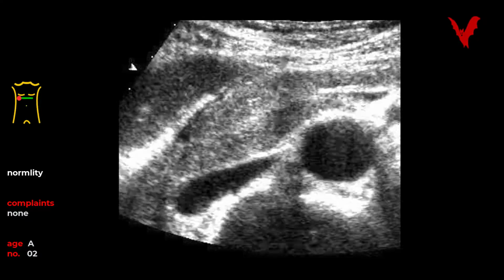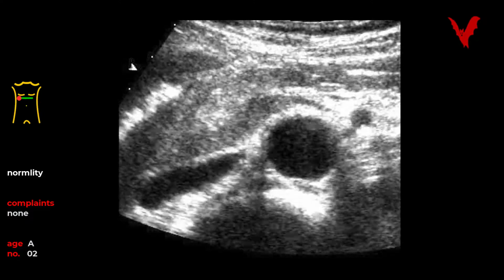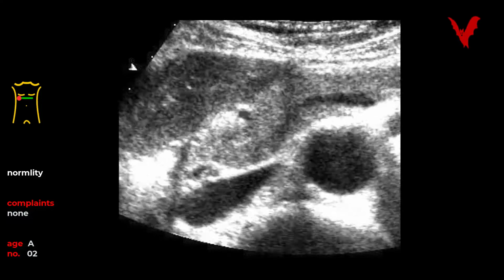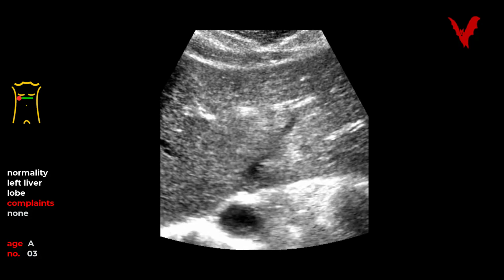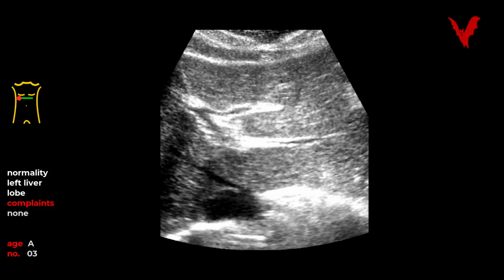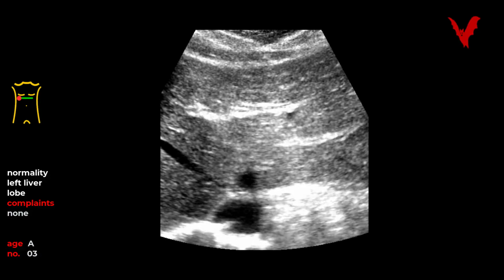In detail, figure 2 is a normal transverse section with the pancreas, duodenal bulb, and left liver lobe. Figure 3 is a TS normal with the vascularization of left liver lobe segments 2 and 3.